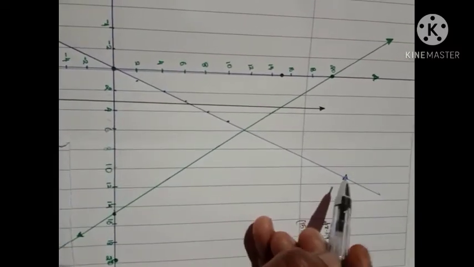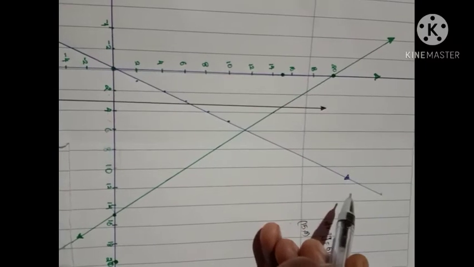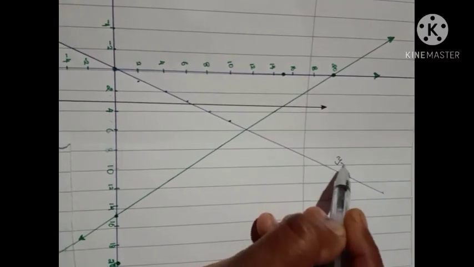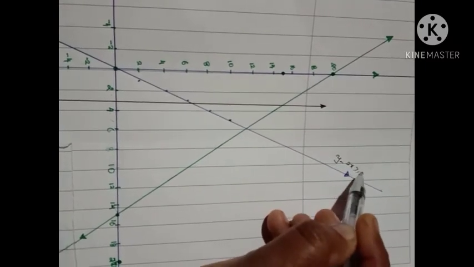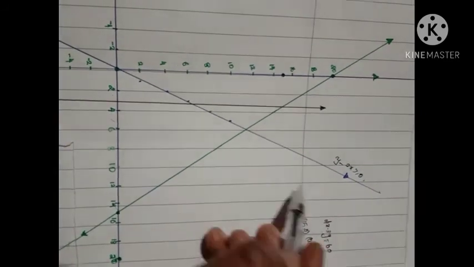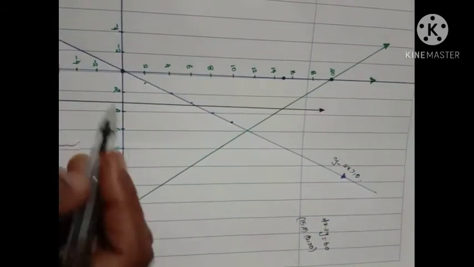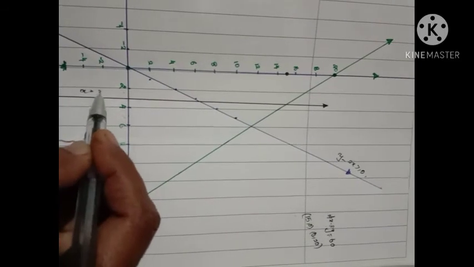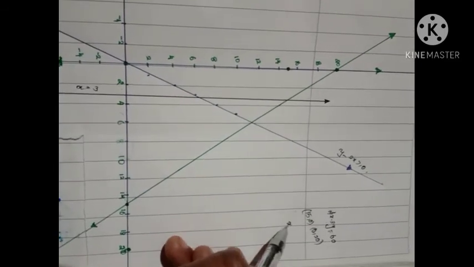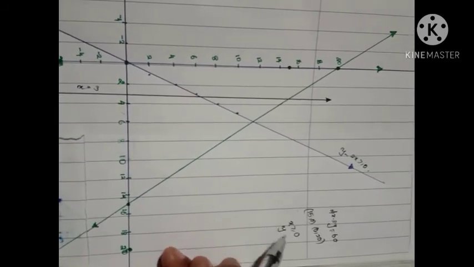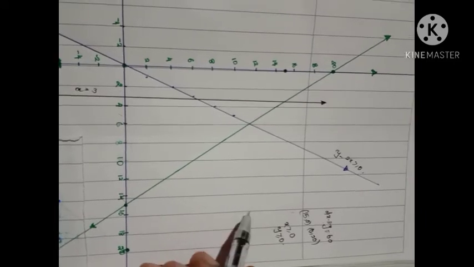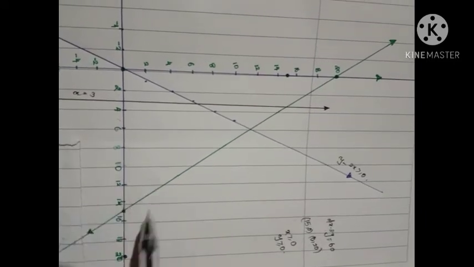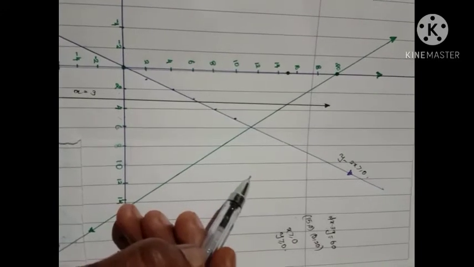This line represents our second inequality, that is y minus 2x is greater than or equal to 0. Then this vertical line represents x equal to 3. And x greater than or equal to 0, y greater than or equal to 0 represents the positive x-axis and positive y-axis.